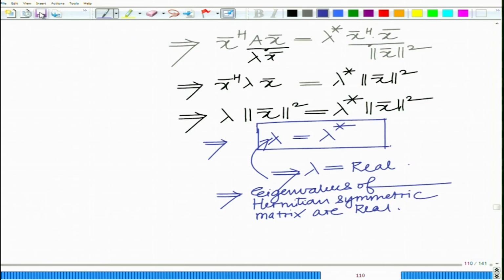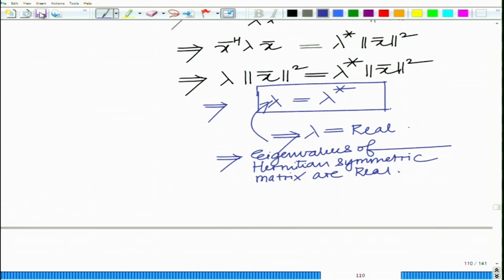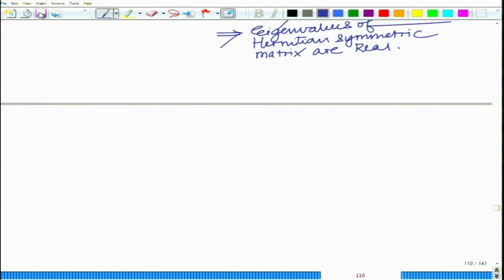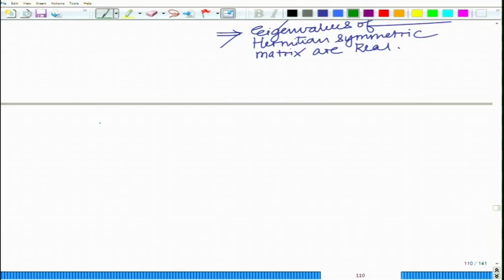Now, how about the eigenvectors of a Hermitian symmetric matrix? Eigenvectors of a Hermitian symmetric matrix satisfy an interesting property, that is, eigenvectors of a Hermitian symmetric matrix corresponding to distinct eigenvalues are orthogonal, that is, their inner product is 0. We will demonstrate this fact. So, this is property number 2, and both these properties of Hermitian symmetric matrices are very interesting and have immense utility.